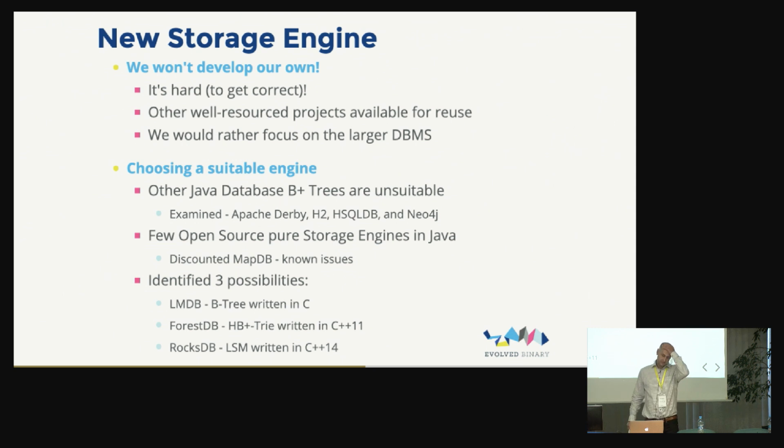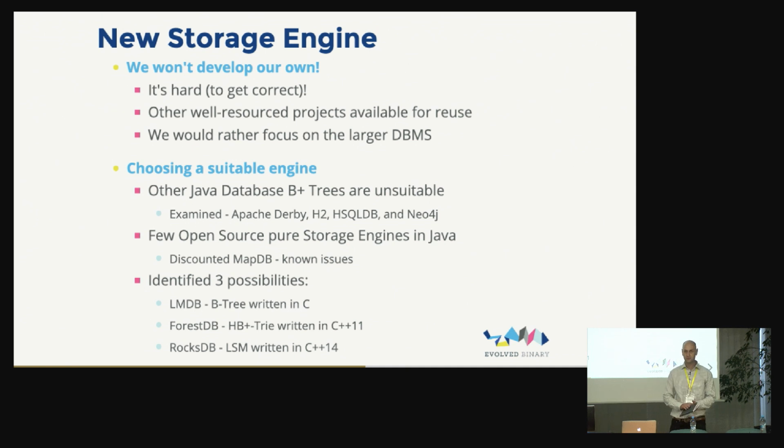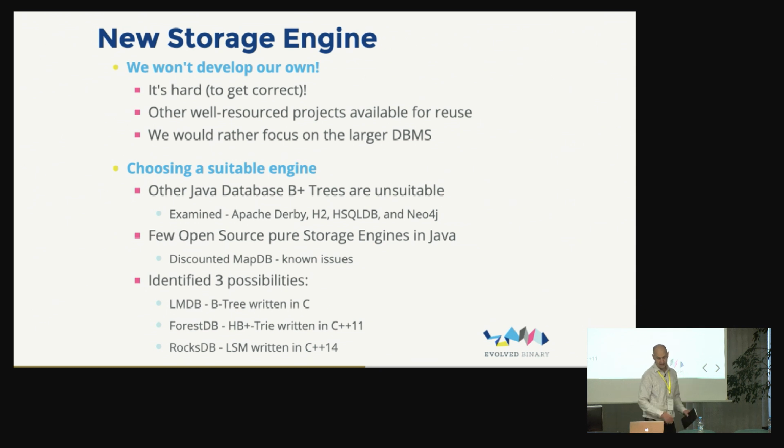So what we thought we would do is look around for existing engines that are well proven. So not just that they're available, but they've actually been battle tested over a long period of time with good unit tests as well, and we know that they're stable. So we started looking initially for B+ trees that were implemented in Java databases. And what we quickly discovered is that it was almost impossible to just extract the B+ tree part from someone else's Java database without taking a lot of the rest of the database with it, because they never designed their storage engine in a way that it could be taken out and used in another project.